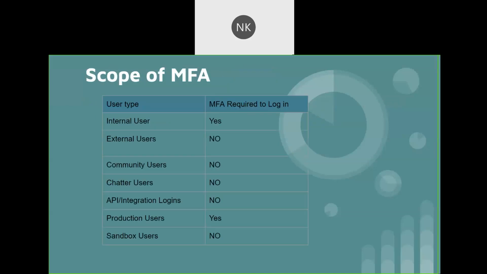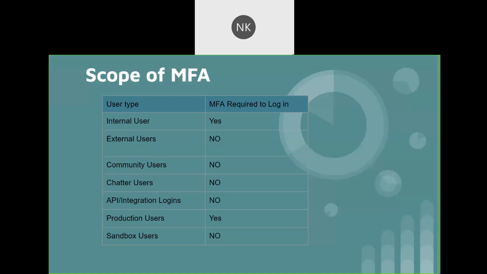Now let us understand which user types, logins, and environments require MFA, basically the scope of MFA. All our internal users will be required to log in using MFA whenever they log in through the user interface, starting from February 1, 2022.